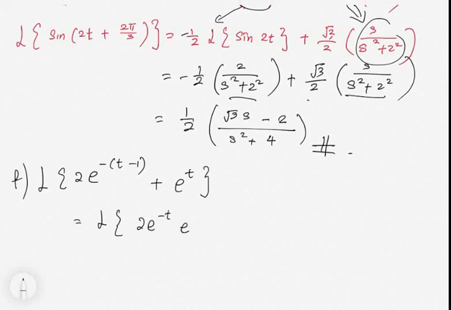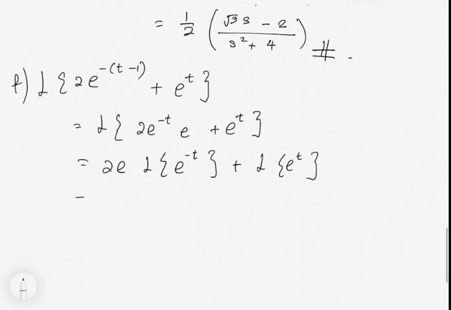I separate it. This is equivalent to 2, which is actually like a constant, then the Laplace transform of the exponent negative t plus the Laplace transform of the exponent t.